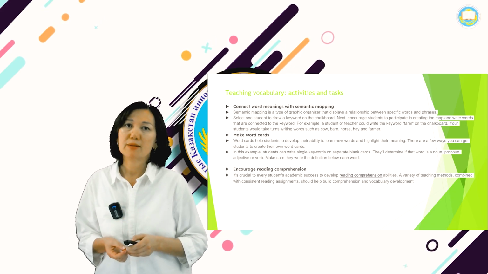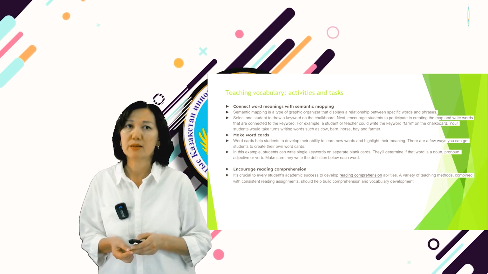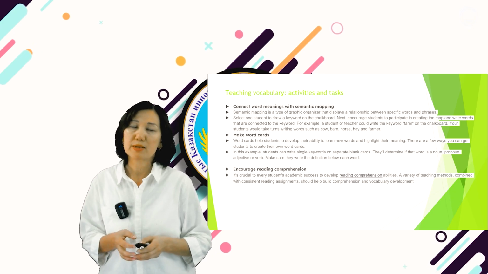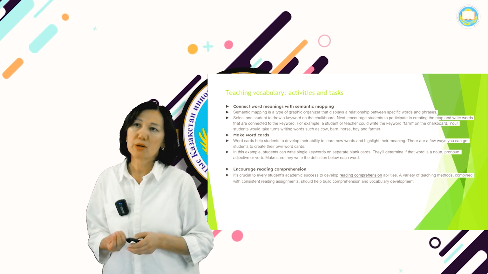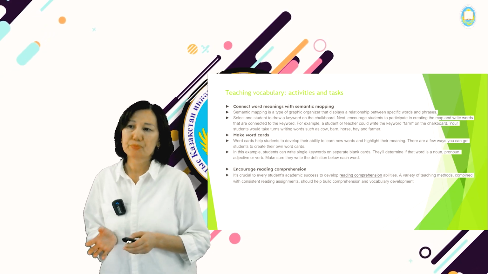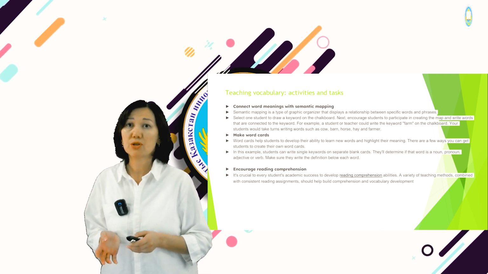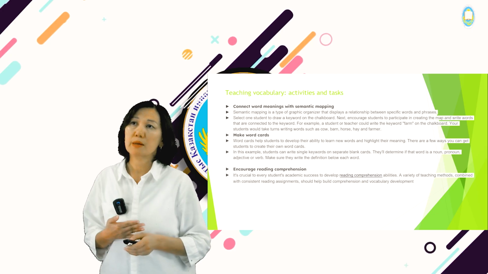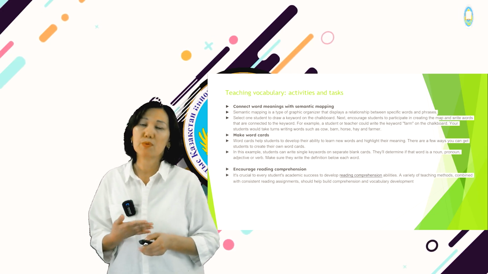And the next thing, encourage students to participate in creating the map with different words. This is really very helpful because I'm sure that especially children of primary and secondary classes, and even teenagers, mapping activities work really helpful.